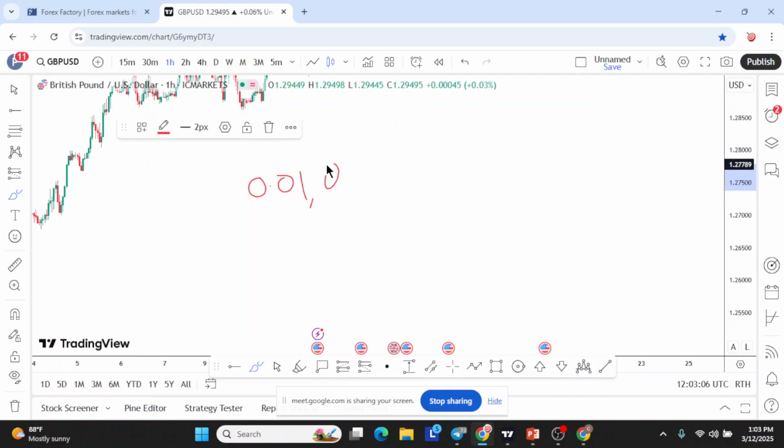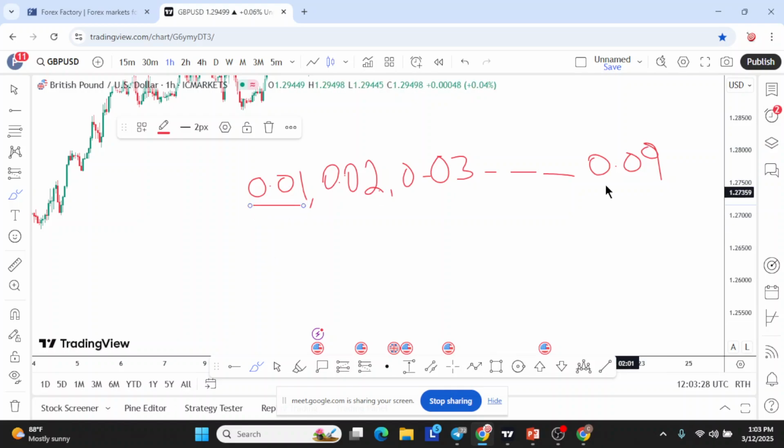So we have 0.02, 0.03, up to, this is the highest when it comes to the micro lots, 0.09.